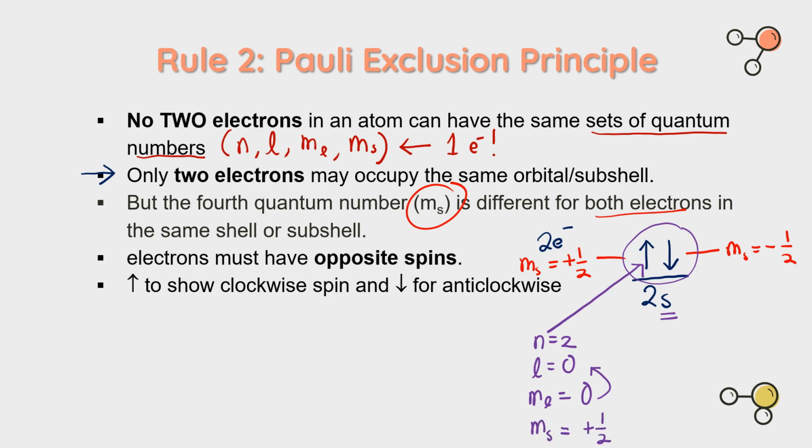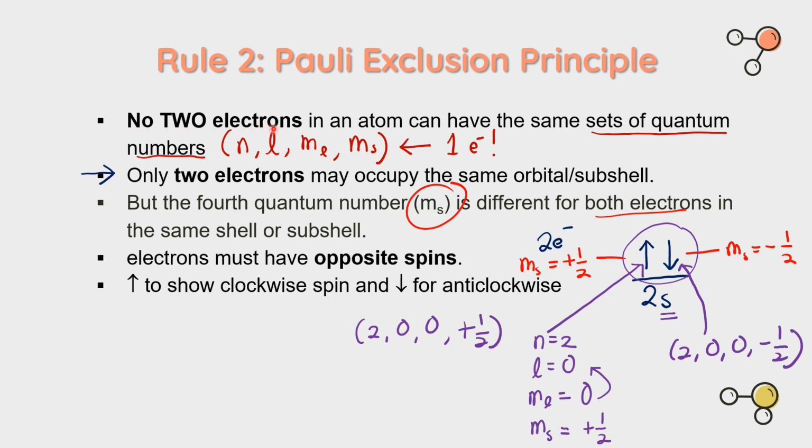So the set of quantum numbers for that electron will be 2, 0, 0, and plus half. And for the second electron here, its set of quantum numbers will be 2, 0, 0, negative half. So that is the meaning of the first statement here.